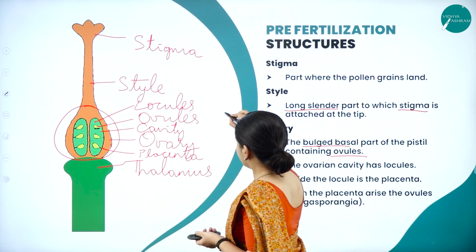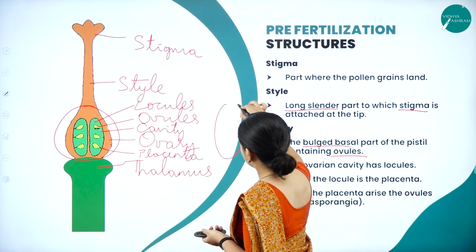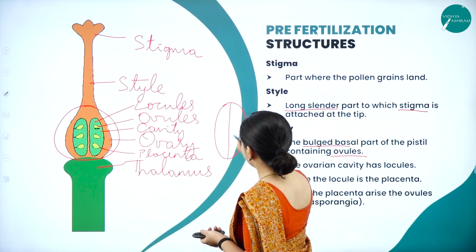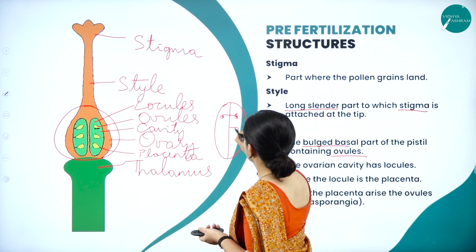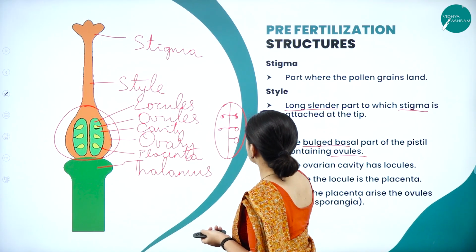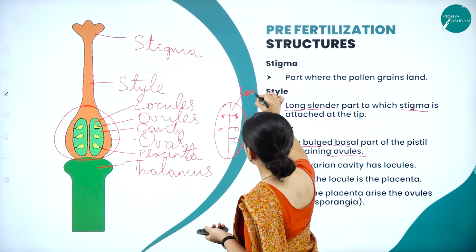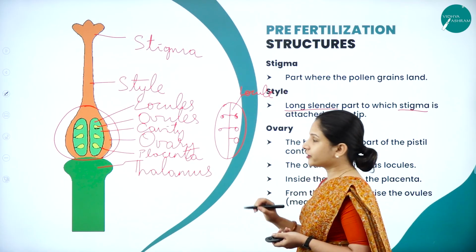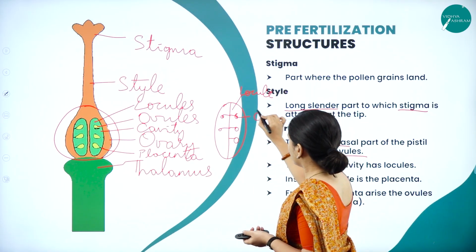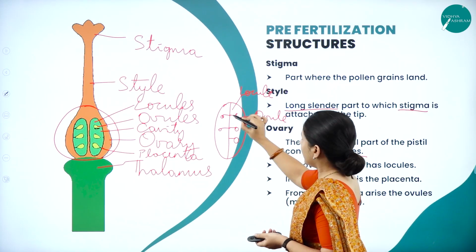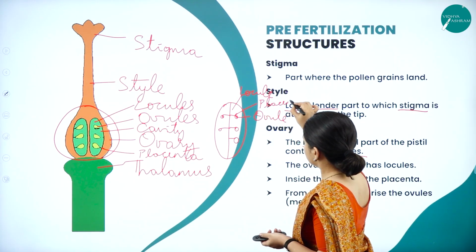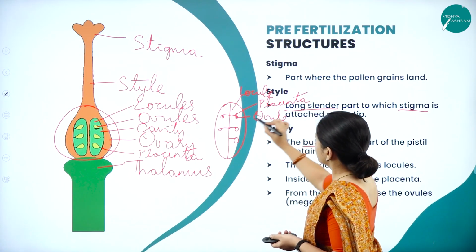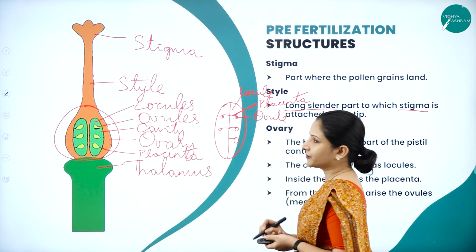Say for example, you have an ovary like this with two locules. This is the locule, then you have the ovule, and the ovule is connected by a placenta. So this is the placenta.